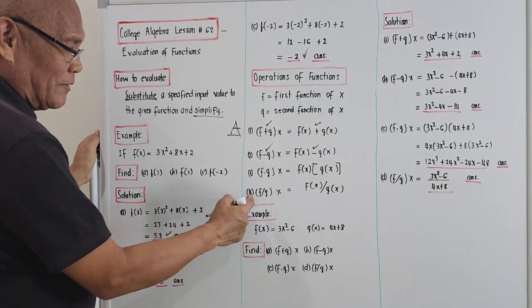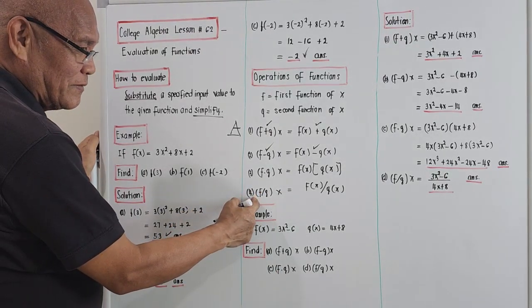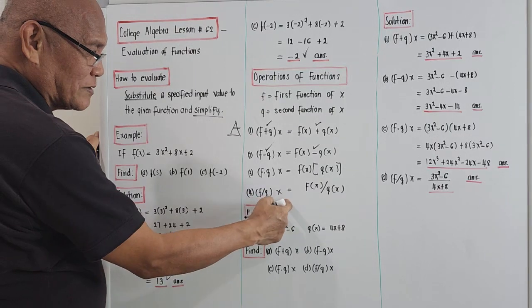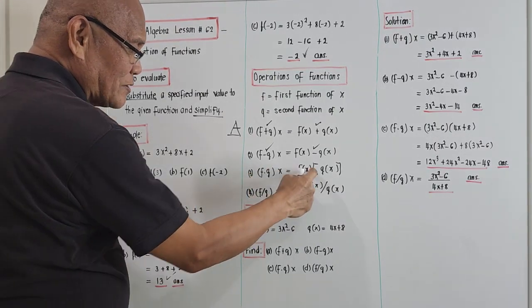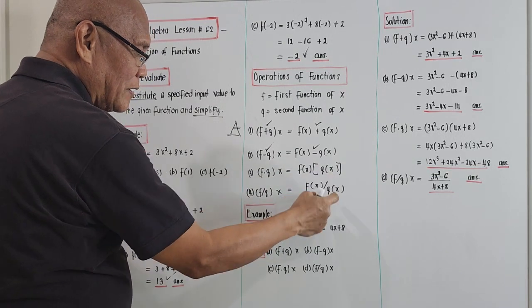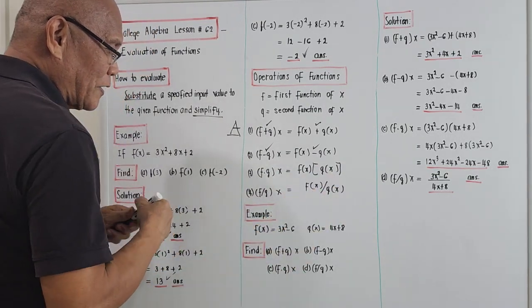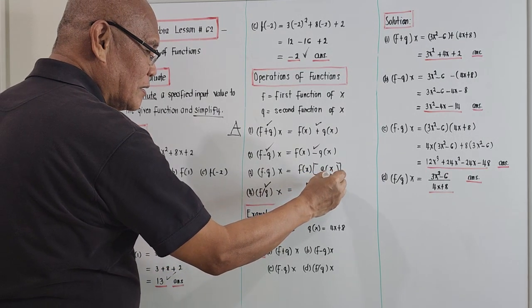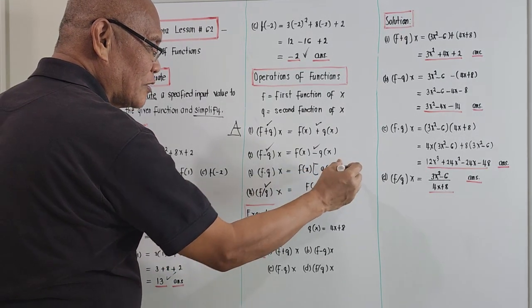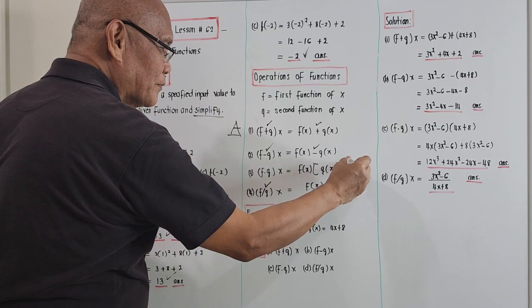Fourth one, function f divided by function g of x. This could be simplified to a function of x all over g of x. The operation is division. When we put a bracket, the operation is multiplication.